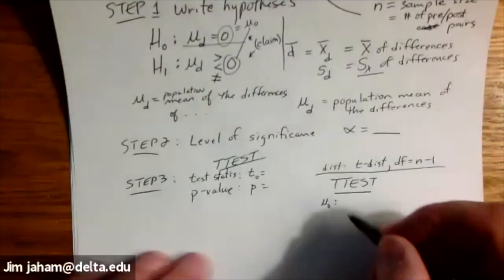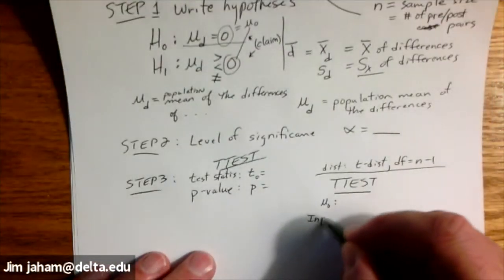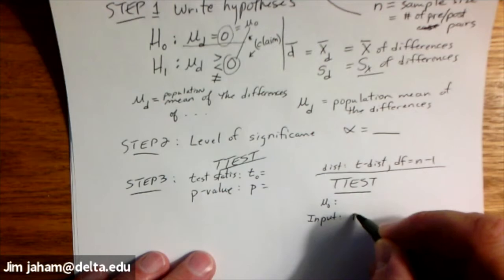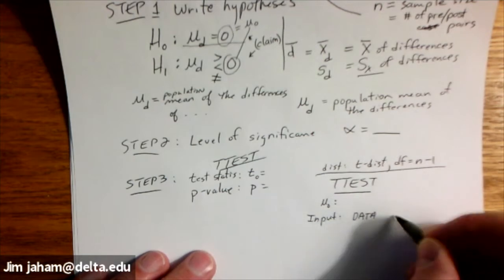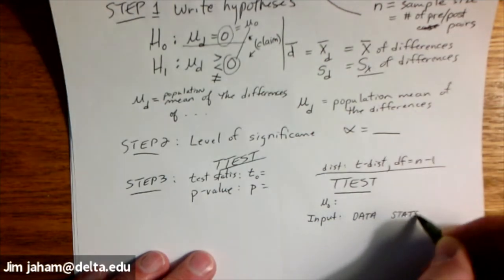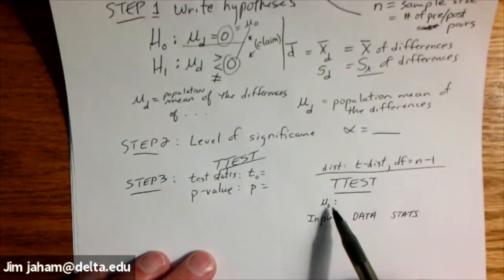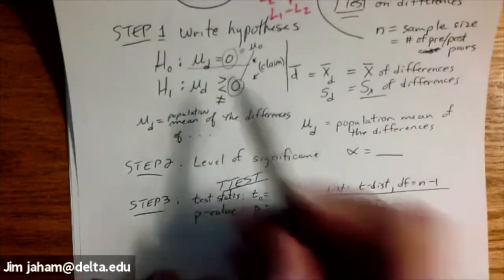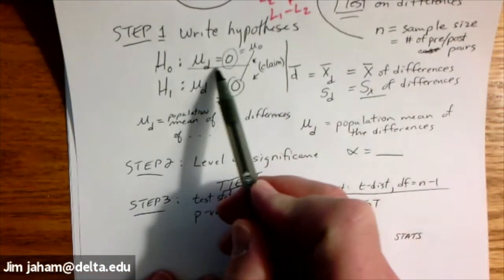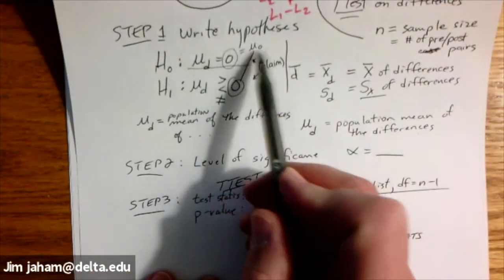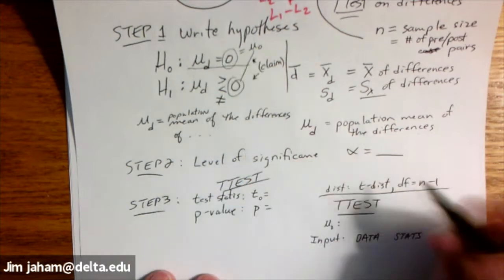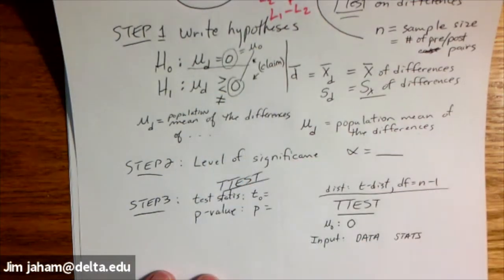I'm not sure if this comes first or the input comes first, but in this test, our null hypothesis is always going to be the mean of the differences is equal to 0. So the mu0 value will always be 0. So when you do the t-test here, that first number that you enter is going to be a 0.